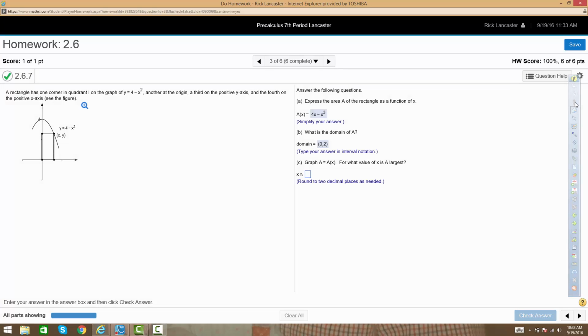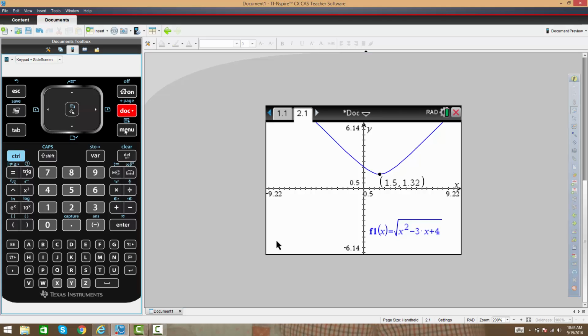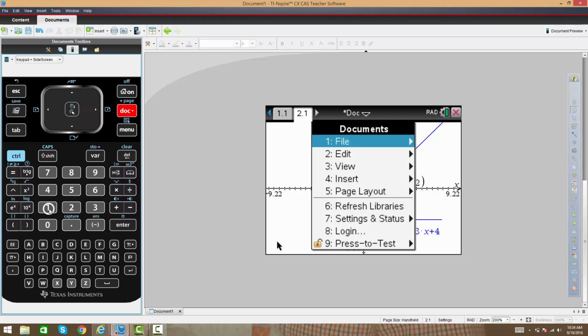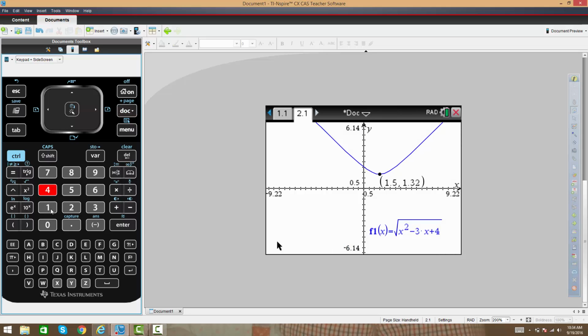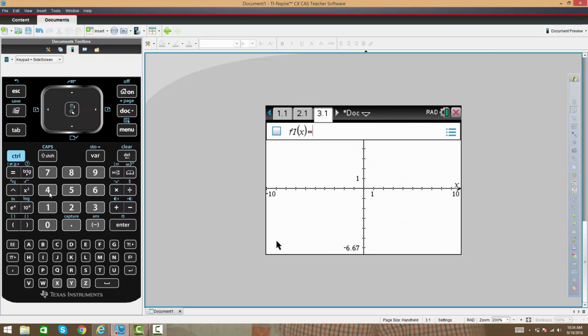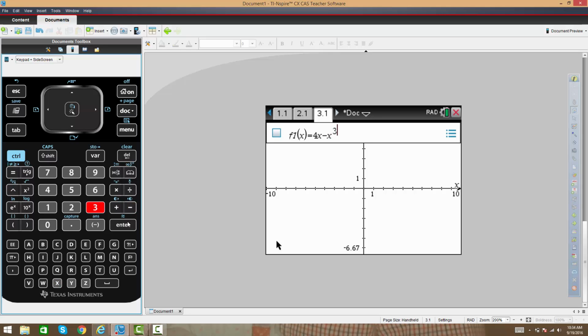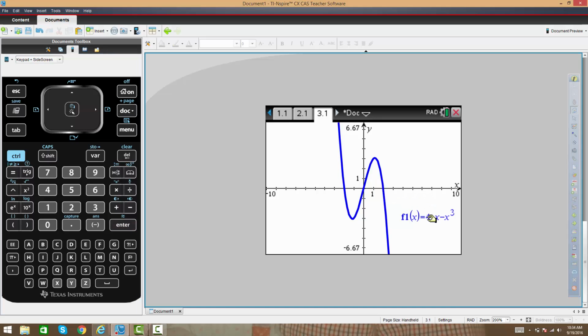Now it says graph A of x. For what value of x is A the largest? So I'm going to go to the calculator, start a new problem, doc, 4 for insert, 1 for problem, 2 for a graph. So 4x minus x cubed, and I actually have only this part of the function that makes sense for the physical situation.